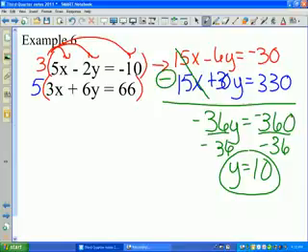Make sure you do the distribution to everything, but there's going to be times you're going to forget to distribute to what's after the equal signs. So you have to do that after the equal signs. So if you don't do it, and you plug your answer back into one of the equations you just did the multiplication in, guess what's going to happen?